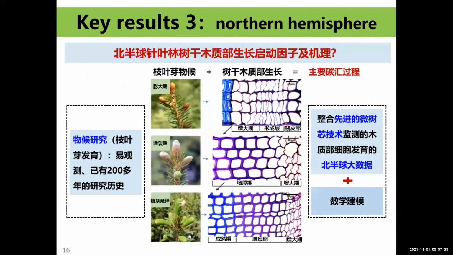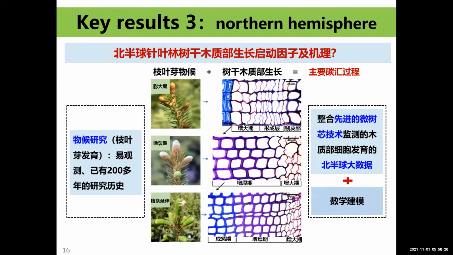The next key result I would like to show everyone is how wood formation responds to environmental factors over the northern hemisphere. This is one paper I published in PNAS last year. As everyone knows, wood formation happens beneath the bark, which makes it difficult to see and monitor.